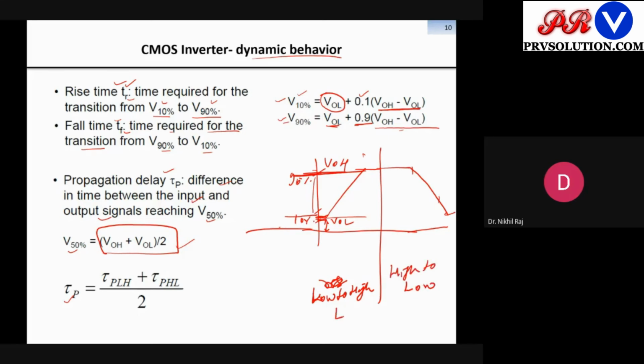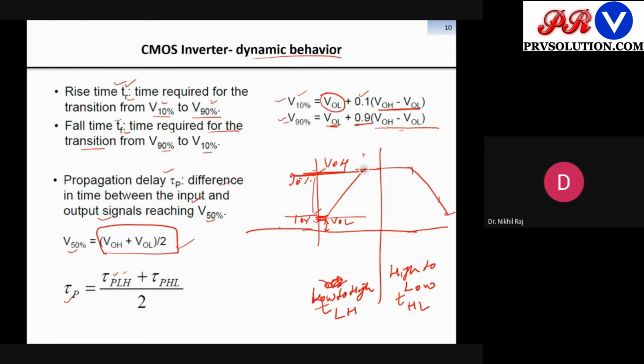So low to high is denoted by LH, and high to low is denoted by HL. Now if we do the calculation of propagation delay, we'll denote T low to high and T high to low. So TP stands for propagation delay. TPLH means propagation delay due to low to high transition.